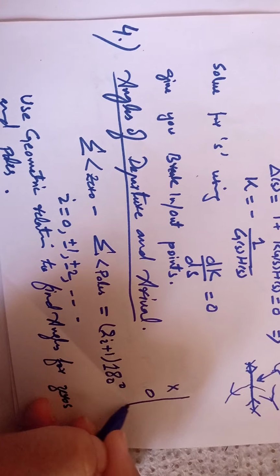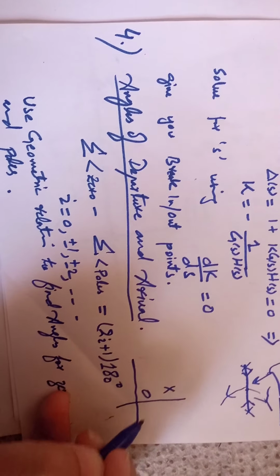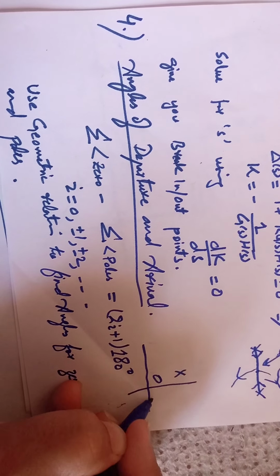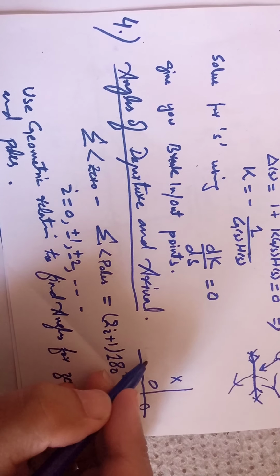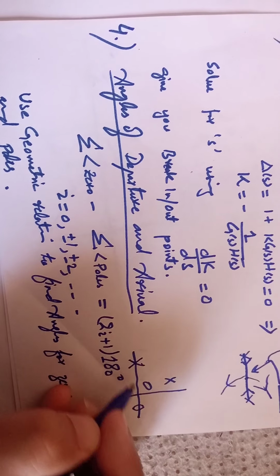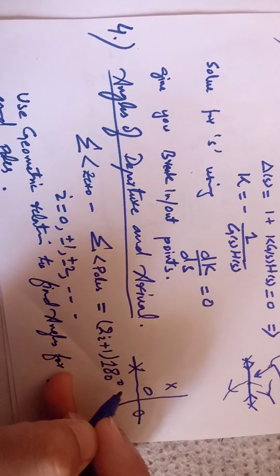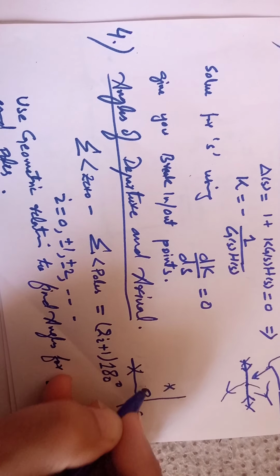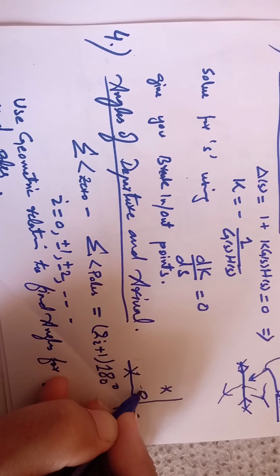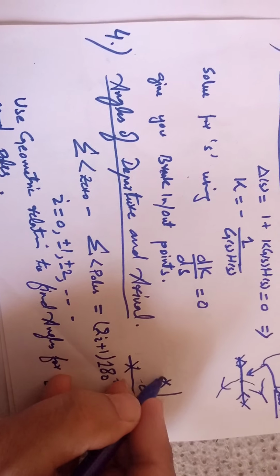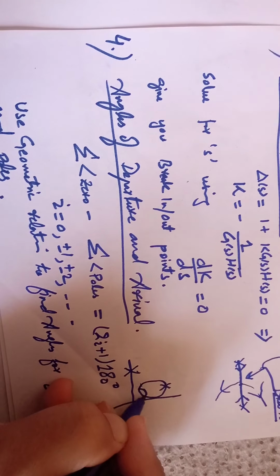If they are placed in the j omega axis like this, with some zero here or some pole here, we must know how the root locus from this pole will terminate on this zero, either in this direction or in this direction.